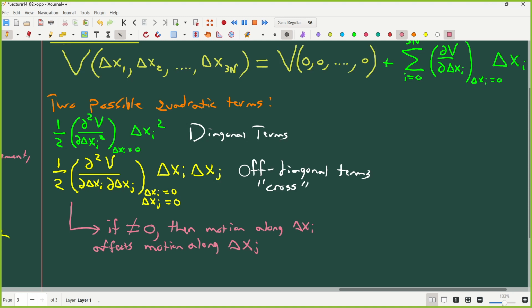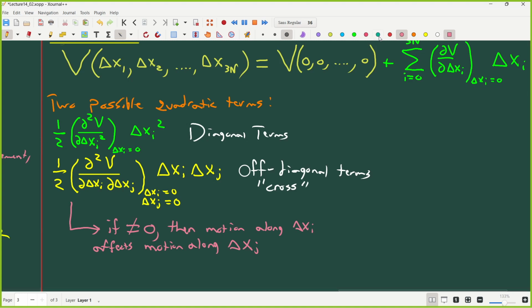There's no dependence on x sub j. So we want to pick a set of coordinates where these terms are all 0 and these are non-zero. That means we can move along these special coordinates, and it doesn't affect the other ones. They all move independently of each other.